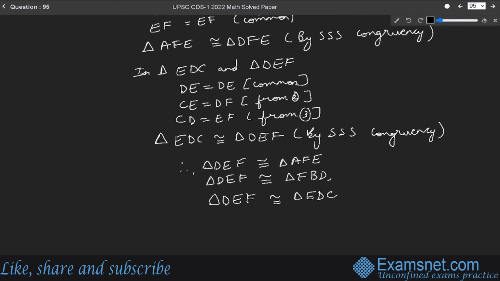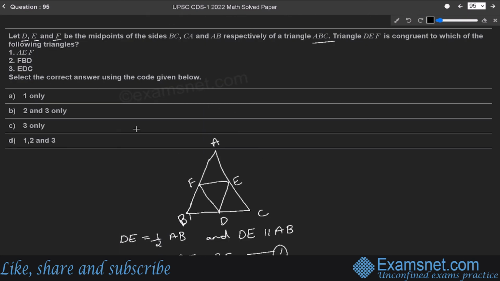So I hope this concept is clear to you now. According to this, all the three statements are correct. Therefore, 1, 2 and 3, which is option number D, all the given statements are correct, because DEF will be congruent to AEF, FBD and EDC. So I hope this question is clear to you now.